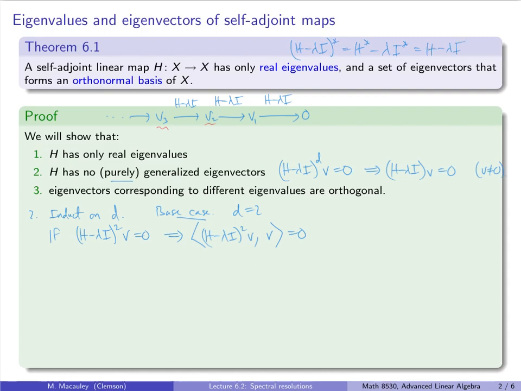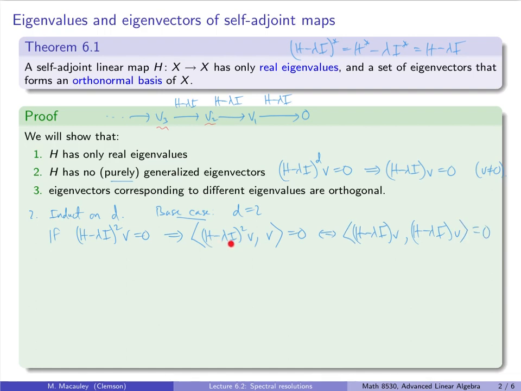So in other words, this means, well, I said this is equal to 0. This is equivalent to the inner product of (h minus lambda I)v with (h minus lambda I)v being 0.